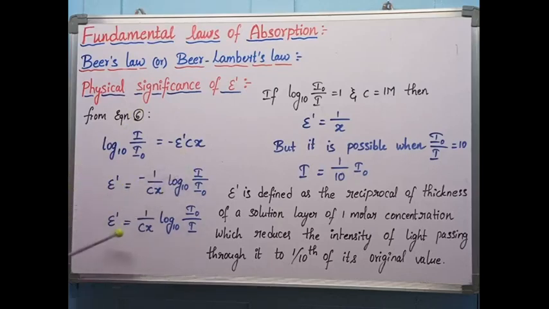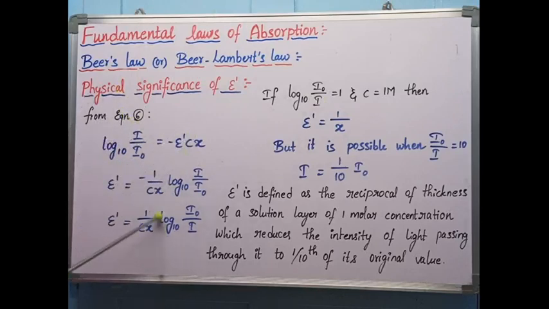Okay, so on further processing you can get epsilon dash is equal to 1 by Cx log 10 I naught by I. It becomes reversed. Now if log 10 I naught by I is equal to 1 and concentration becomes 1, then epsilon dash becomes 1 by x.